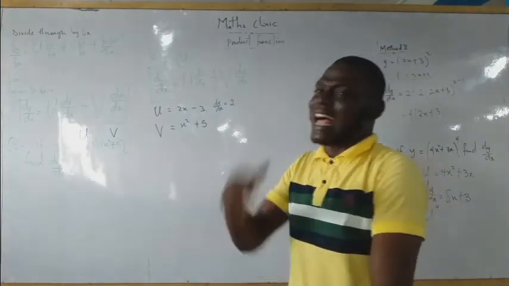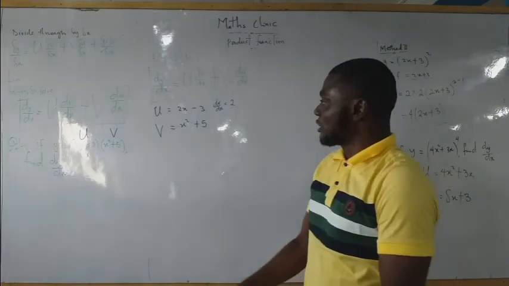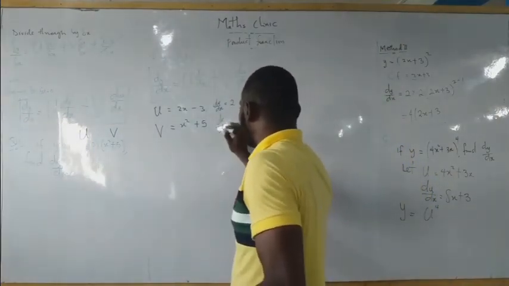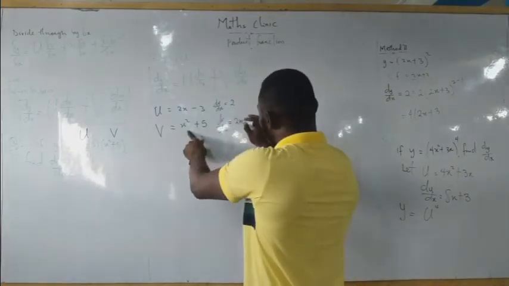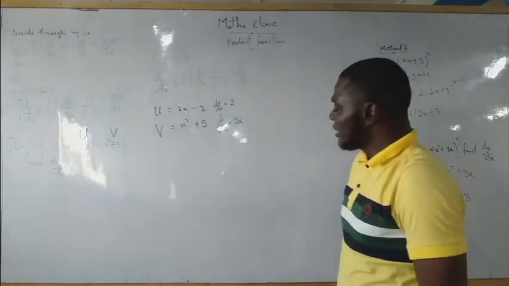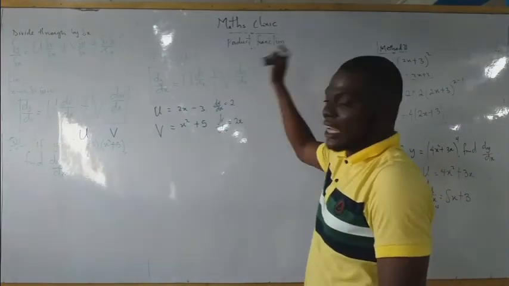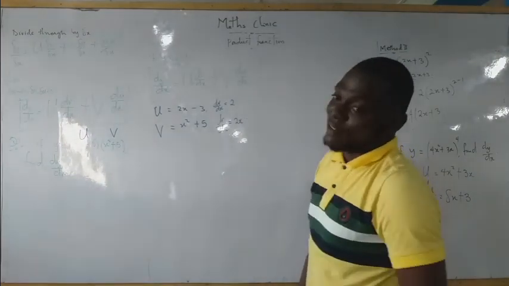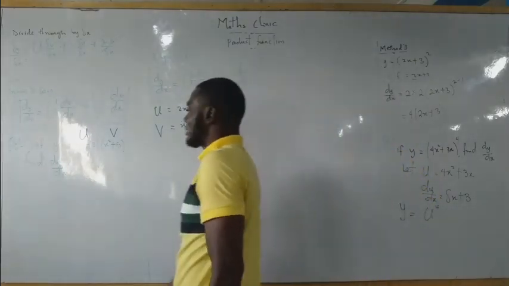It has no variable, so the derivative of minus 3 is 0. dv/dx will give you 2x, and the derivative of 5 is 0, because we know that it is constant.